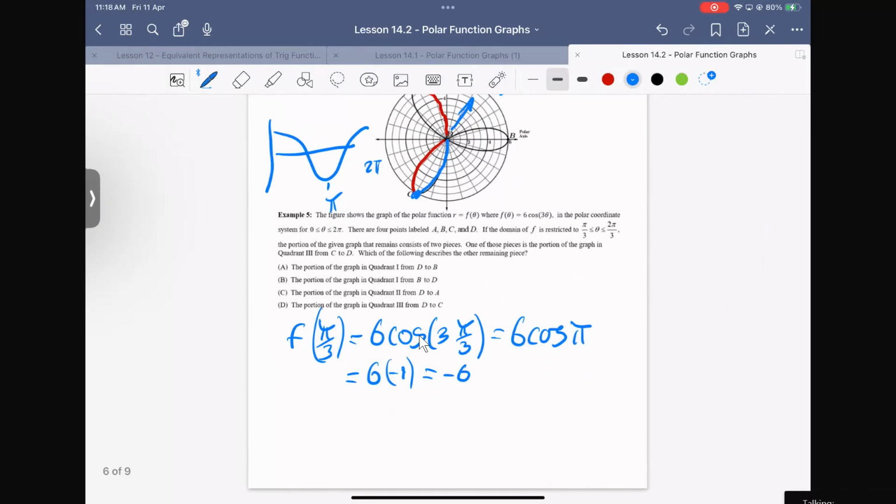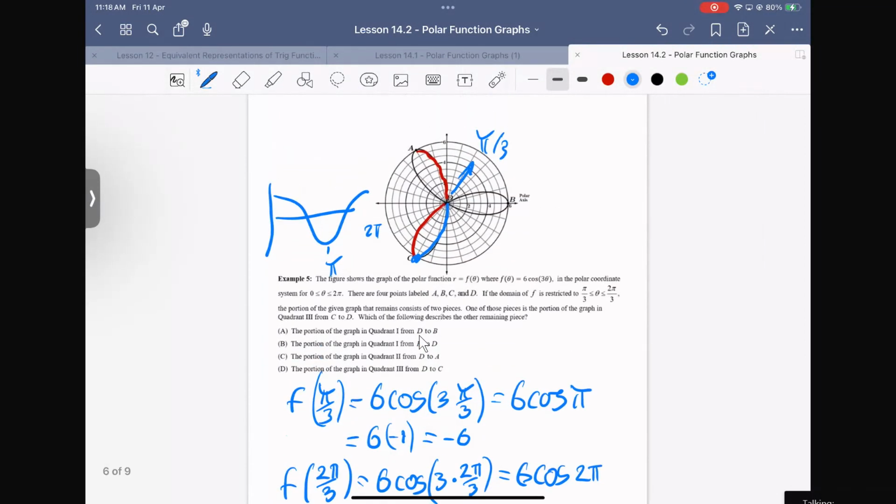So C is there. And then when we go for 2 pi over 3, we're going to get 6 cosine 3 times 2 pi over 3, which gives us 6 cosine 2 pi, which is going to give us +6.